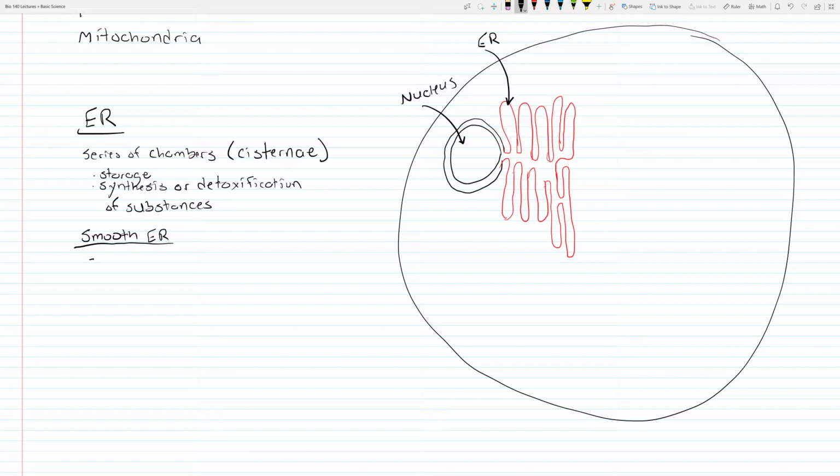And this is for the synthesis of lipids and carbohydrates.